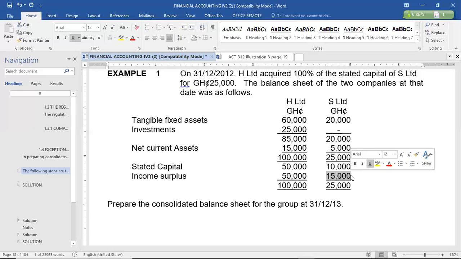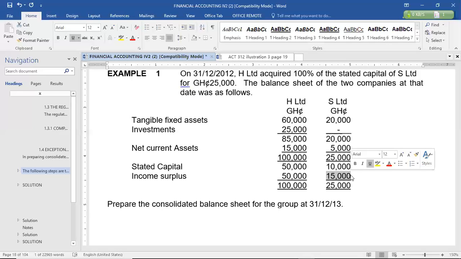Now that we know that at the end of the day assets should be equal to capital, that is why you always have the balance sheet one side equal to the other.